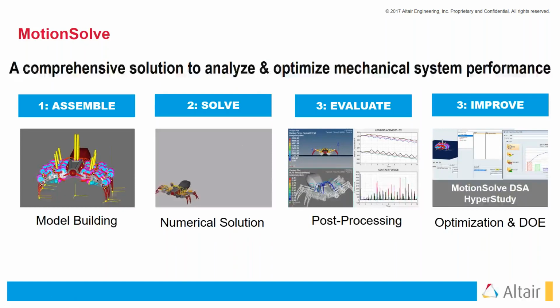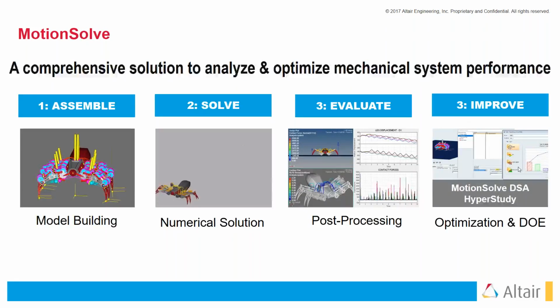Then we do a co-simulation and solve it in MotionSolve, which you see in the second animation; the numerical solver is MotionSolve. Once we solve it, we do further post-processing and evaluate the results in HyperView and HyperGraph.